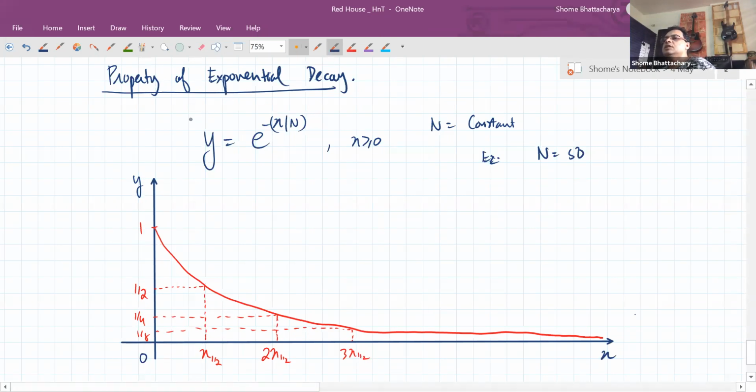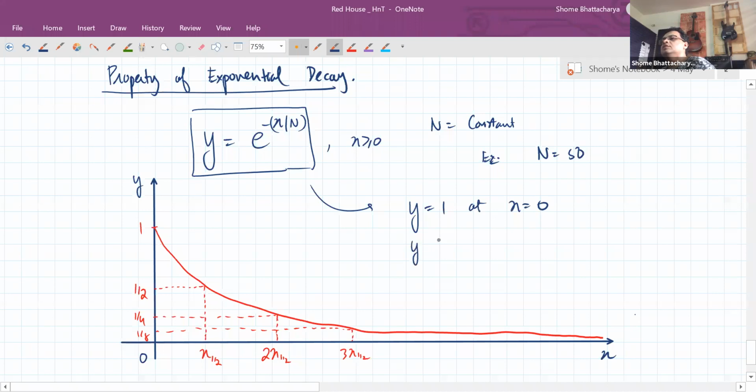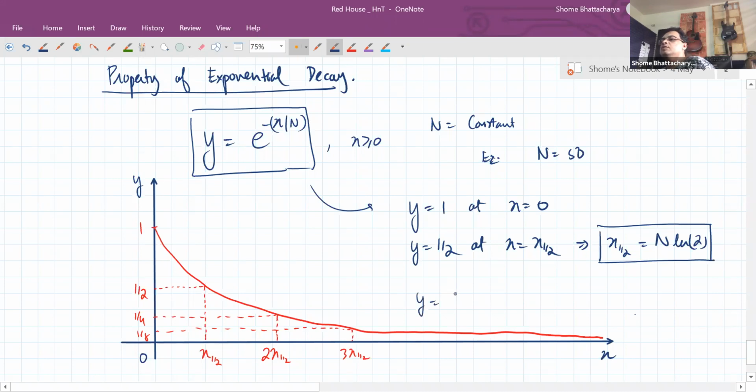So from this we can see that y is equal to 1 at x equal to 0. y is equal to 1/2 at x equal to x half. This will give us the relation that x half is equal to this constant times ln2. So y will become 1/2 to the power n at x equal to n times x half. That is n times N ln2. That is the idea over here.